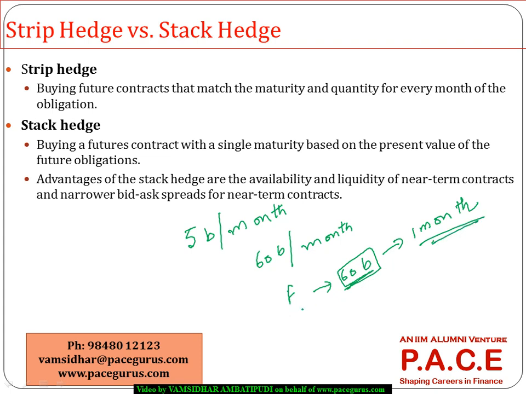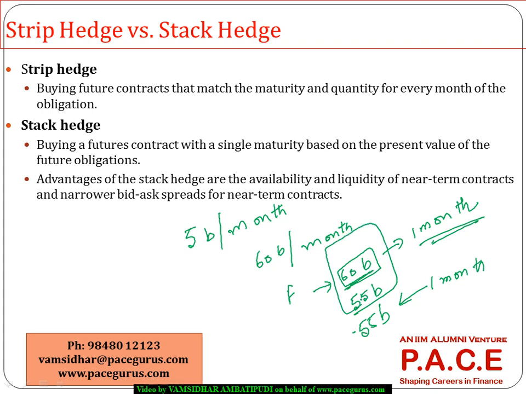Now after 1 month, you will offset 55 barrels, and you again reopen a fresh 1 month contract for the remaining 55 barrels. Which means 5 barrels you have taken possession of.